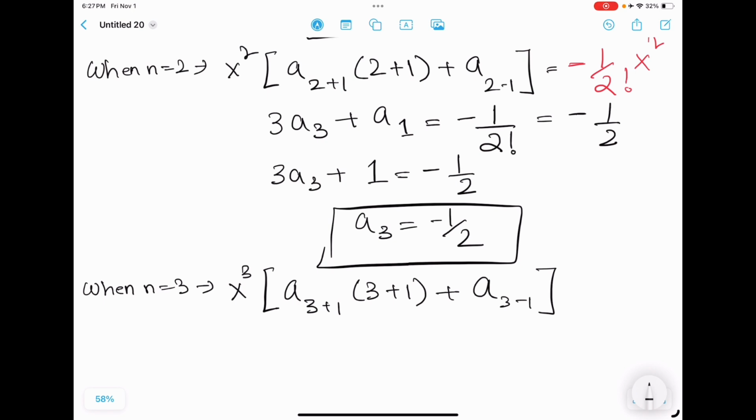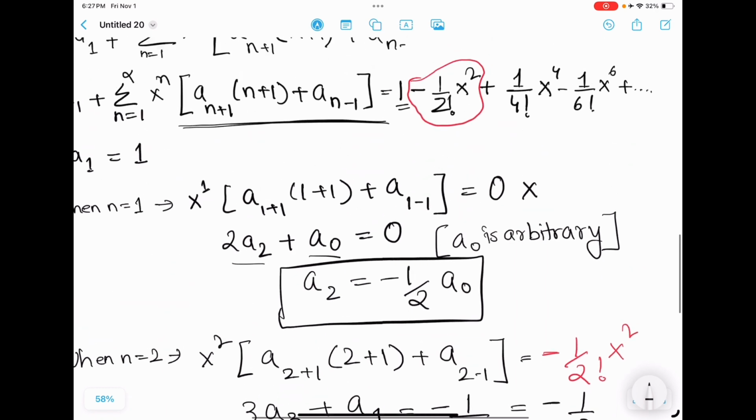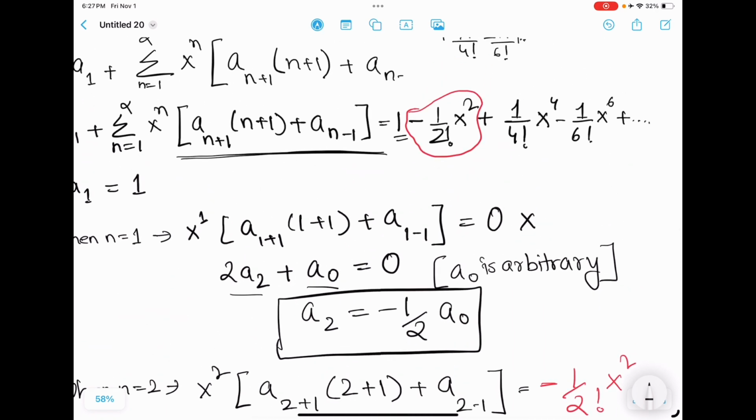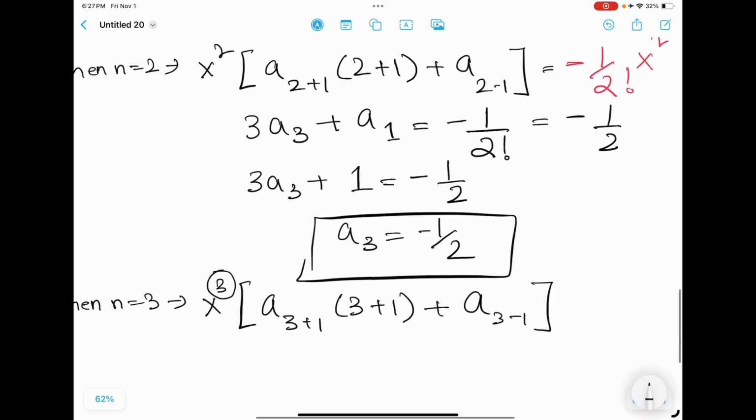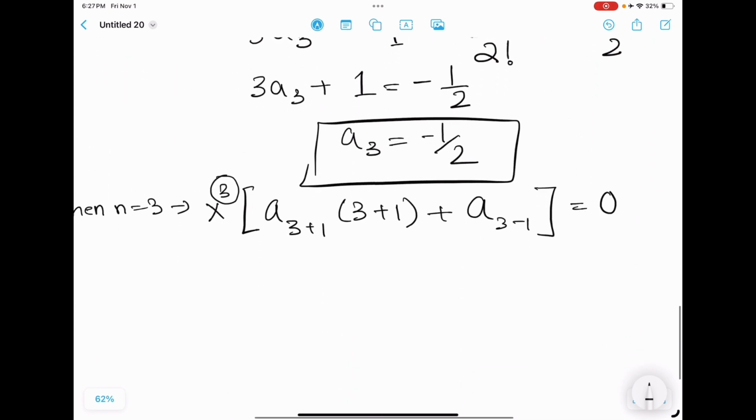Clearly my x cubed, the 3, is not even. So that means the coefficient will be 0. And if you have doubts, you can go back and look at my right side, and I can see that there's no x cubed. There are no coefficients for x cubed. So that means this is going to be 0 x cubed.